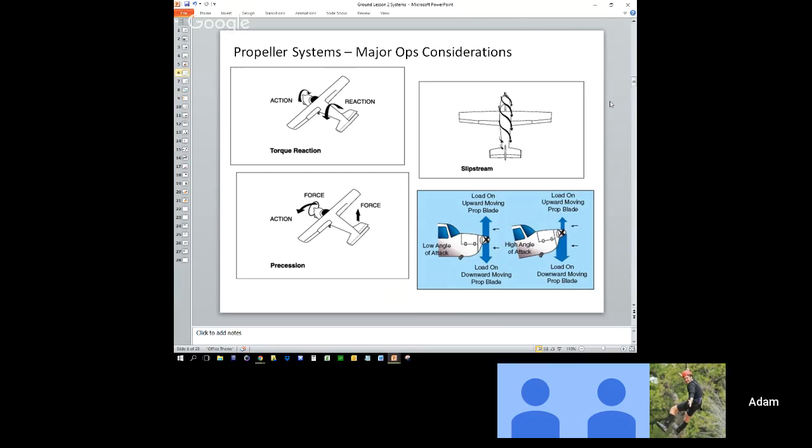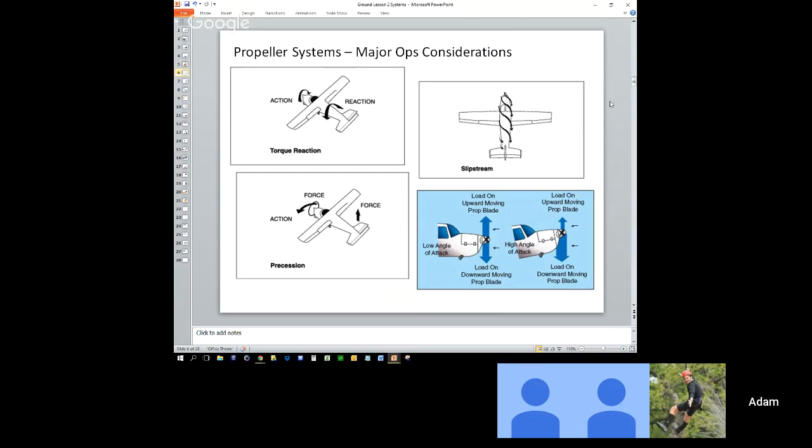One more quick note on props, because this is something that will come up on the tests and on the flight tests. It's something that you kind of forget until you have to take a flight review or prove that you're a safe pilot to an examiner. The propeller is aerodynamically the cause of several different nuances of aerodynamics.